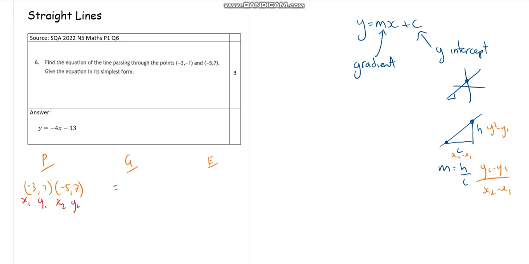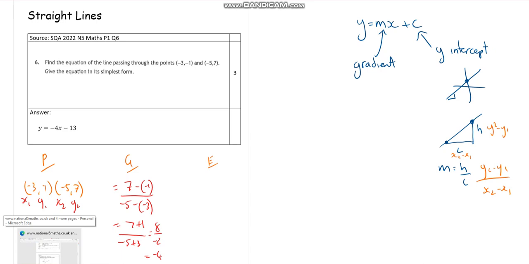So the gradient is going to be equal to y2 take away y1 divided by x2 take away x1. So that's 7 plus 1 divided by -5 plus 3. That's going to be 8 over -2, which is -4. So I've got a gradient of -4.